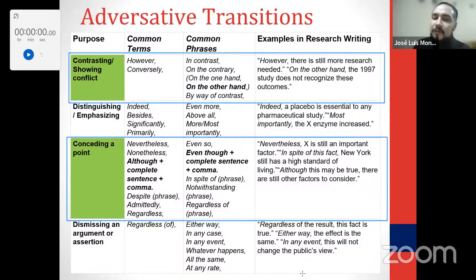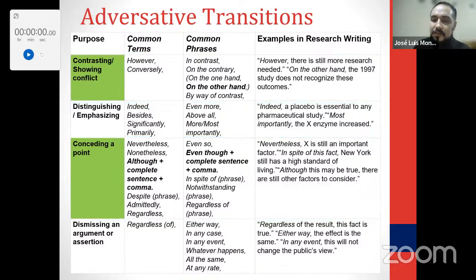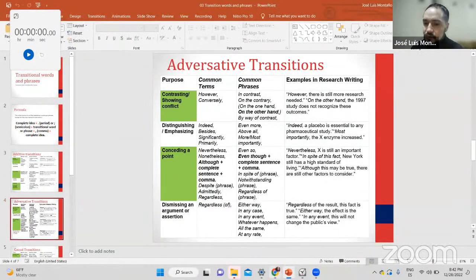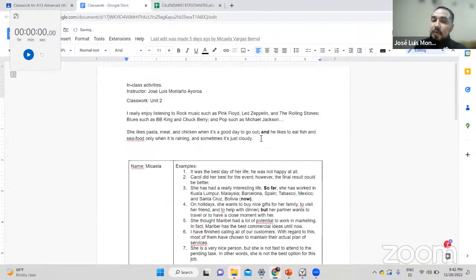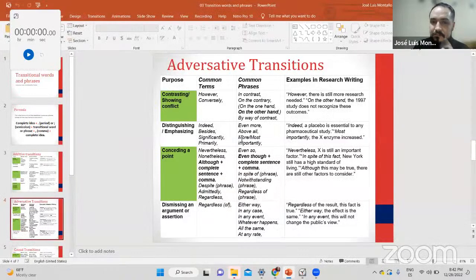Great, thank you. Now I'm going to write just 2 examples so that you can see again the very clear difference between those 2, and you can write the 4 examples yourself. Remember that the first one is contrast. So you have to show a conflict. The conflict has to be evident. Here we're going to say in contrast or on the contrary.